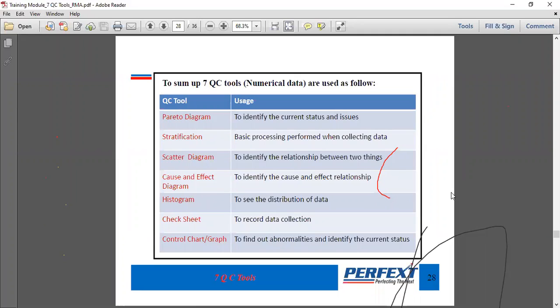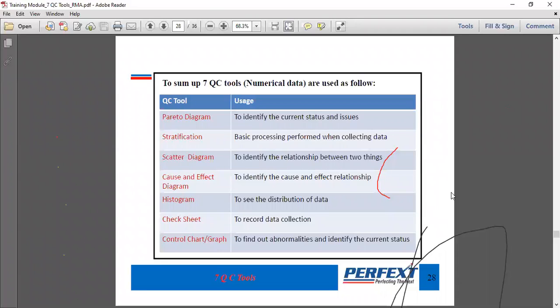Yeah, Abhijit, all tools are equally important. Based on the problem, we have to identify the tool, or at a point of time, we can use more than one tool to identify the real root cause. So we have to collect the data, we have to use the check sheet. So basic collection of data we can do through the check sheet.